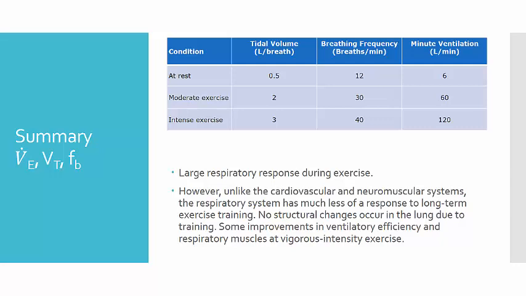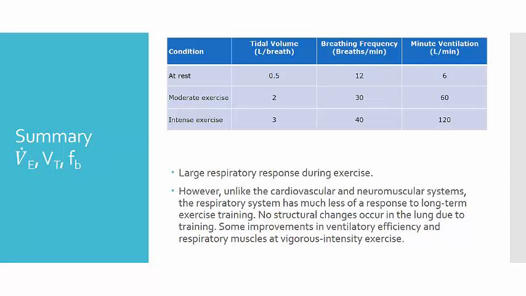Now, what happens during exercise training, endurance exercise training? We said that all of these variables are increased. Tidal volume is increased at max, breathing frequency at max is increased. So it follows that minute ventilation is also increased. But there are no actual structural changes that occur in the lung due to training.